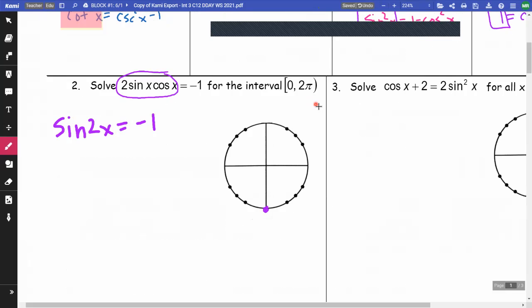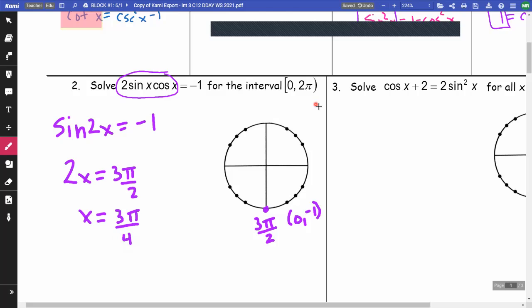And that's going to be down here at 3 pi halves, because that point is 0, -1. So 2x is equal to 3 pi halves. I'm going to divide by 2. When I divide by 2, this becomes 3 pi fourths. And that's your answer, because we want from 0 to 2 pi.